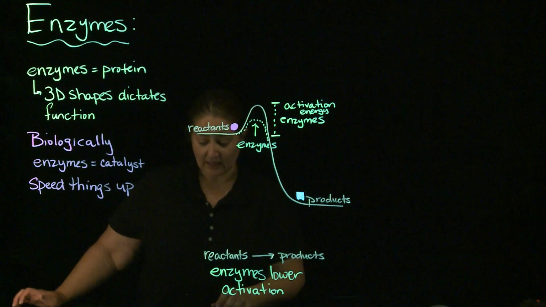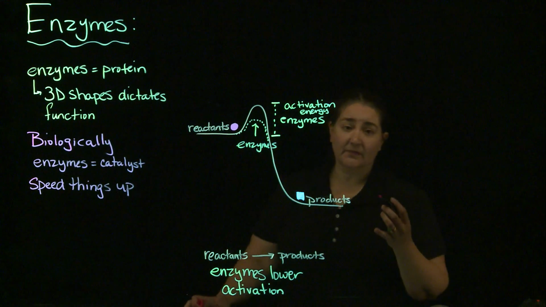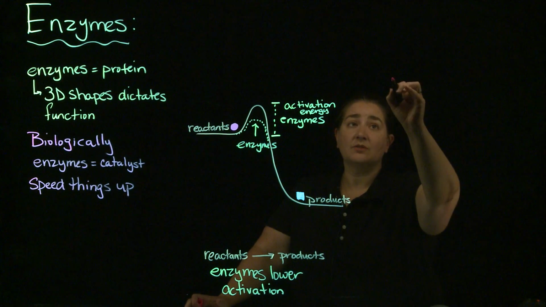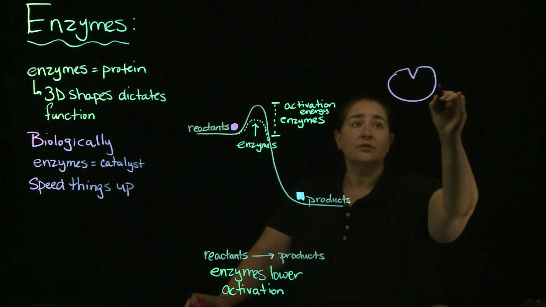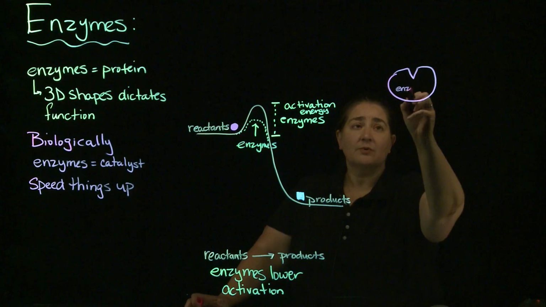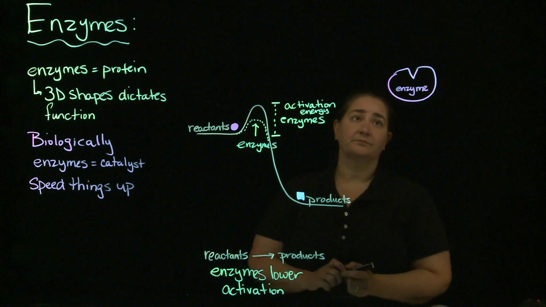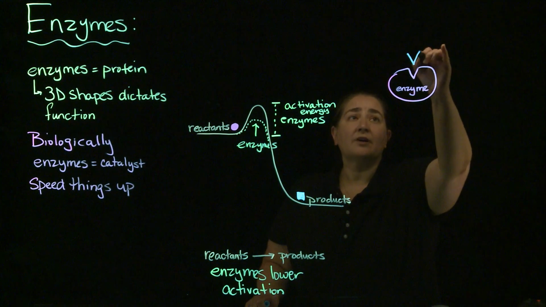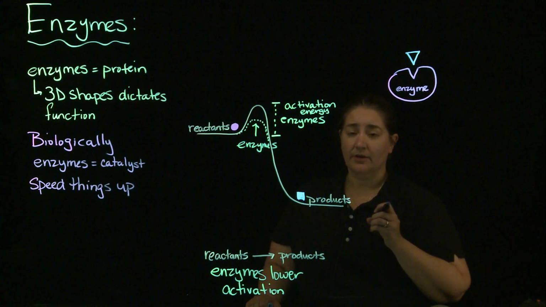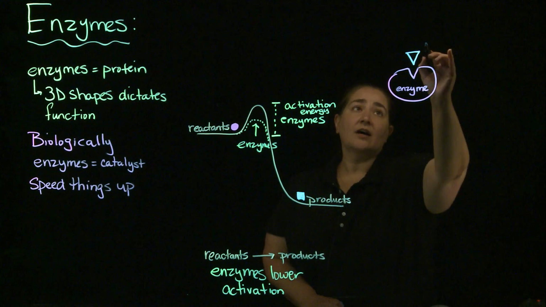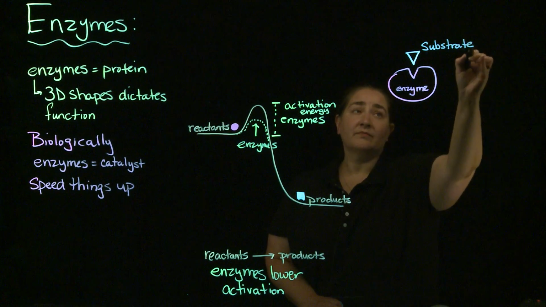products, all right? And the way an enzyme is going to do that, okay, because I said three-dimensional shape is important, enzymes are going to have some particular three-dimensional shape. This is going to be our enzyme in pink here. And then when we've got something that'll match that three-dimensional shape of our enzyme, we've got our substrate, okay?